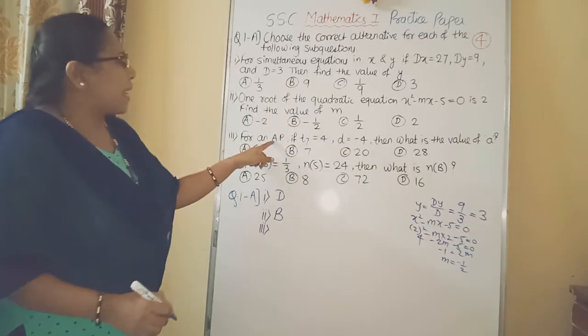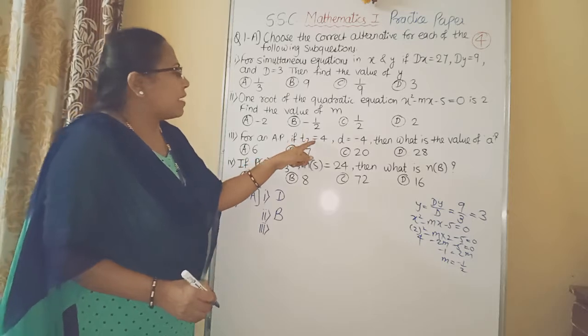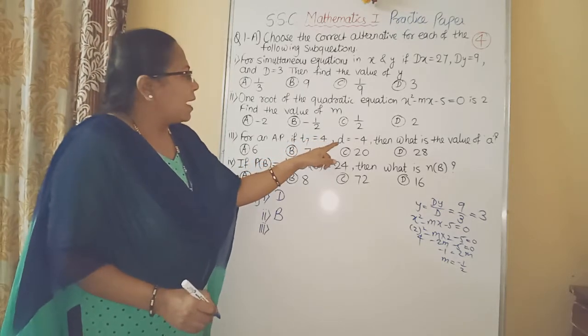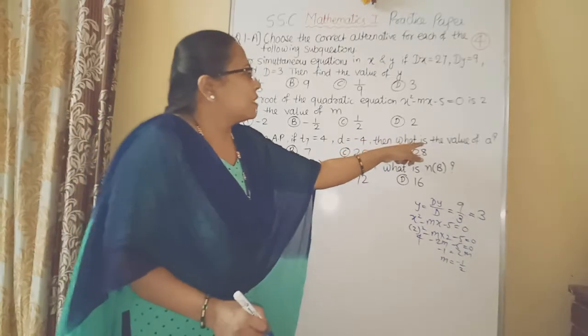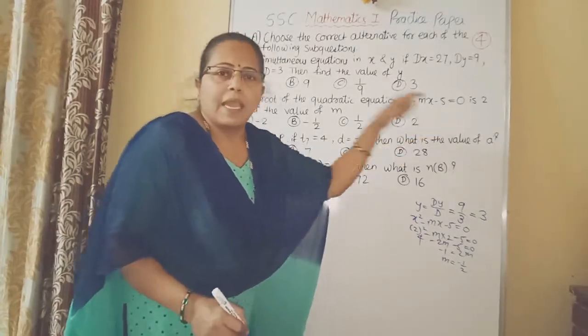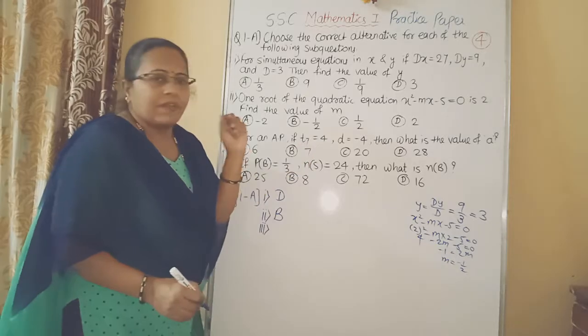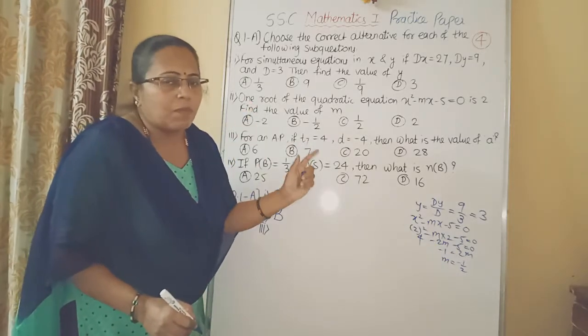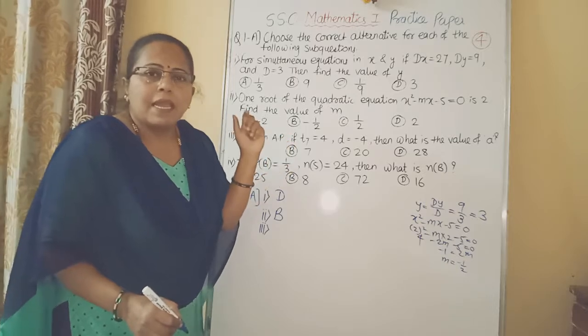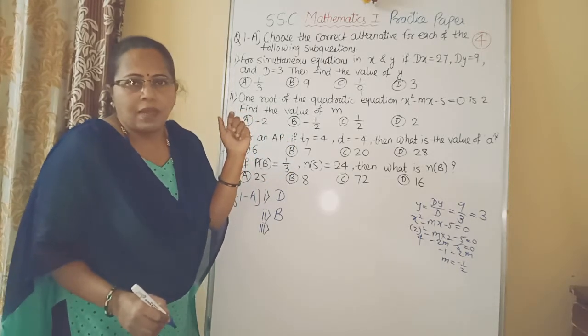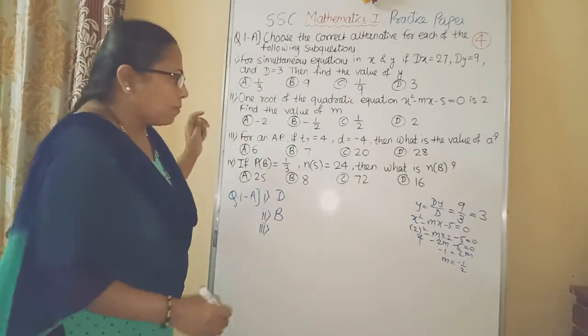Now sub question number 3. For an AP, if T7 is equal to 4 and D is equal to minus 4, then what is the value of A? Now here T7 is given, that means a term of the AP is given. So we have to apply the nth term formula. I hope everyone learned the formula.